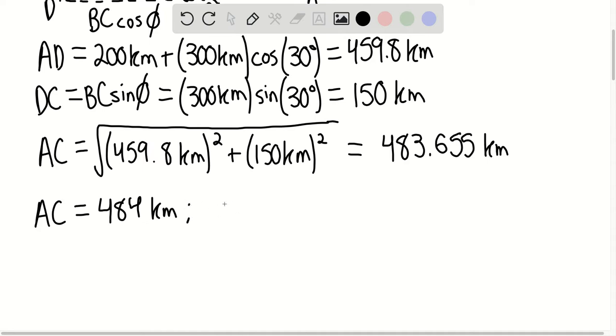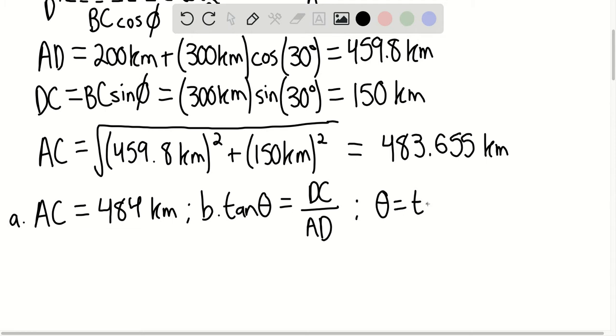Now the direction, that would be for part A. For part B, the direction of city C from city A, we can say that tangent of theta would be equal to DC over AD. We can solve for theta. Theta is equal to arctan of DC over AD.